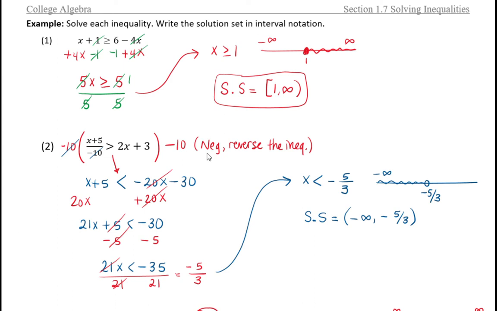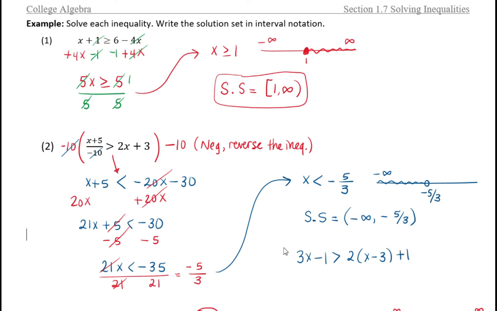Now, next problem, I want you to try it yourself first, and then I will just go over the solution. Let me write this down. So I want you to try this problem: 3x minus 1 is greater than 2 times (x minus 3) plus 1.